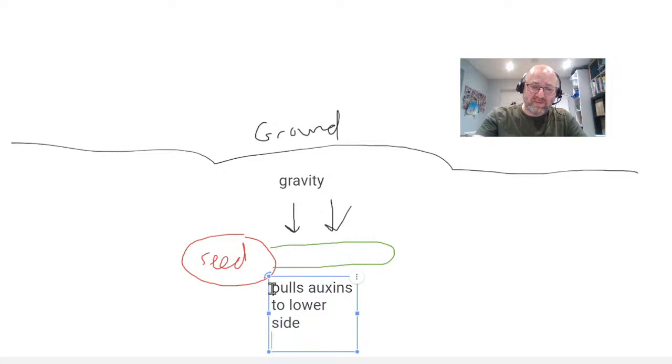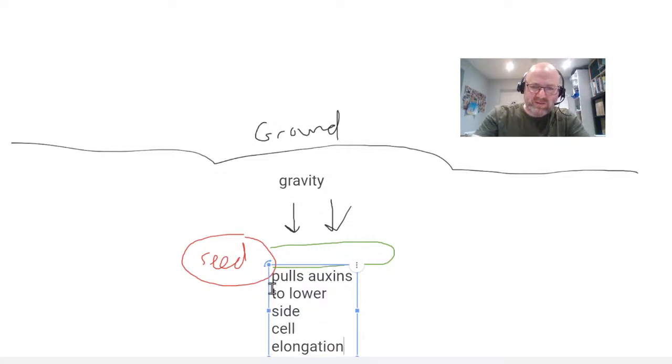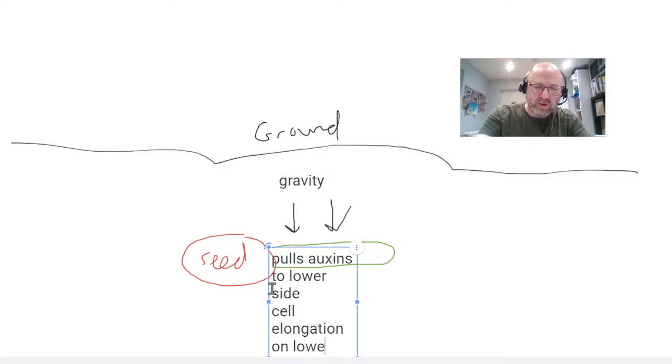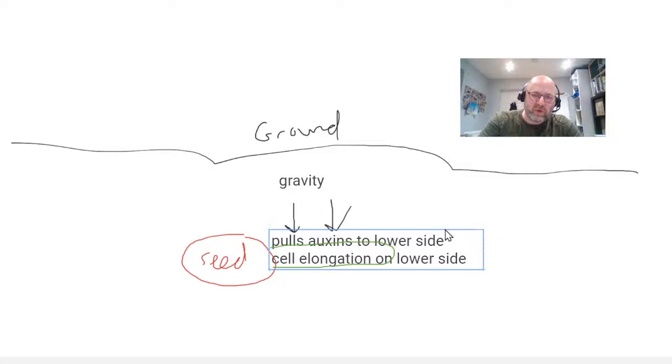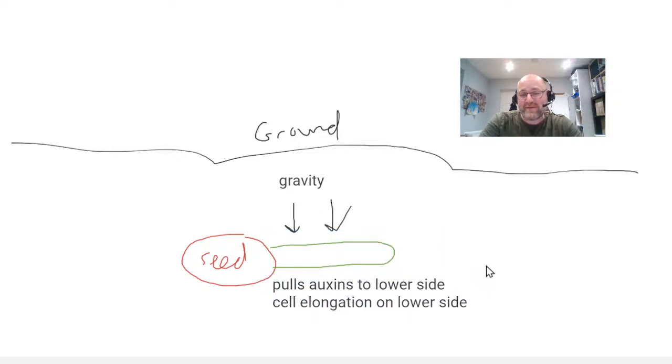And then we get cell elongation on the lower side. So we get uneven distribution of auxins, which leads to uneven growth of cells, which causes our shoot to bend upwards.